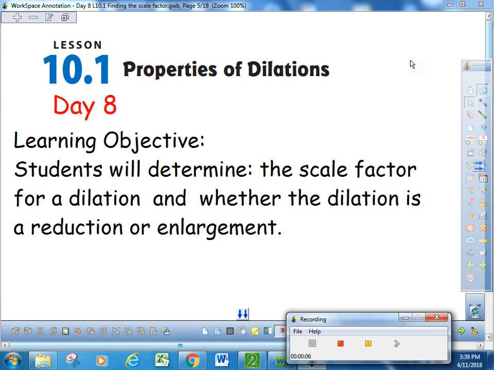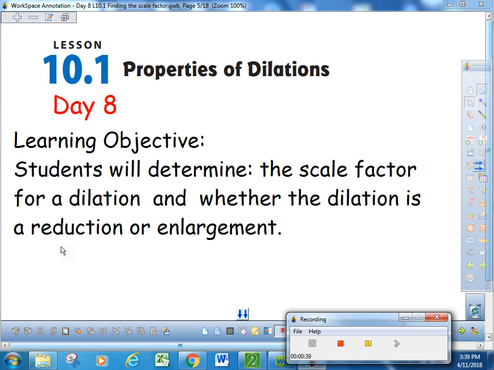Now yesterday you started finding the scale factor if the shapes had horizontal or vertical lines. So we're still going to continue that. And then I'm going to show you how to find the scale factor if it doesn't have a horizontal or vertical line.